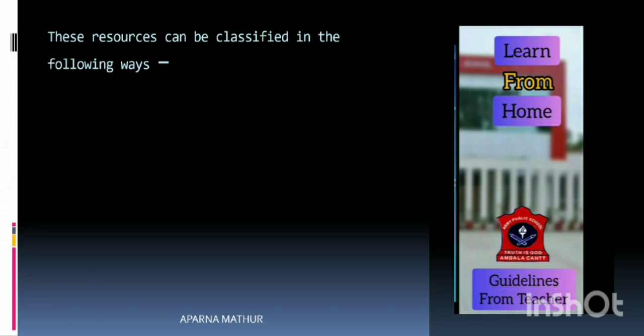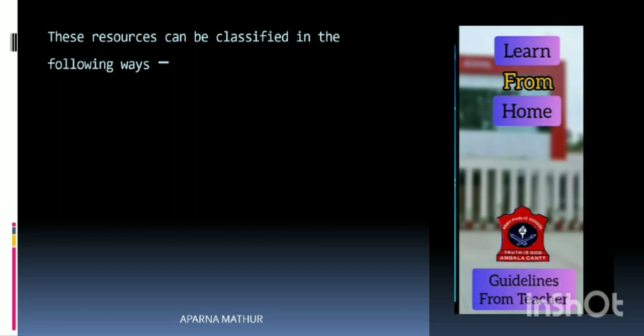The resources available on the earth can be classified into different groups on the basis of their origin. They can also be classified on the basis of their exhaustibility. That means how long these resources are going to last. Then they can be classified on the basis of their ownership.